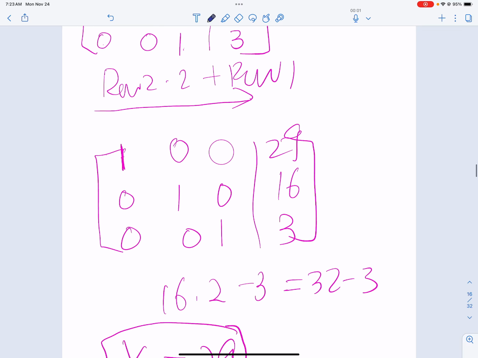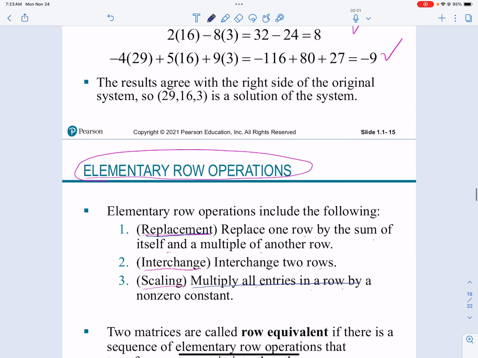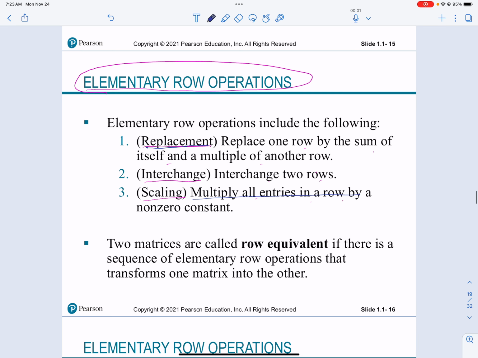Elementary operations of linear algebra. So when we do the replacement, interchange, and scaling, it does not impact the final solution of this linear system. And this is why we call these corresponding matrices row equivalent matrices. We call this what? Row equivalent matrices.